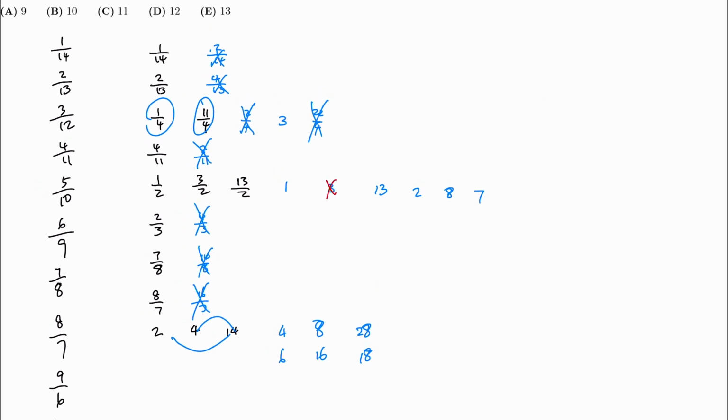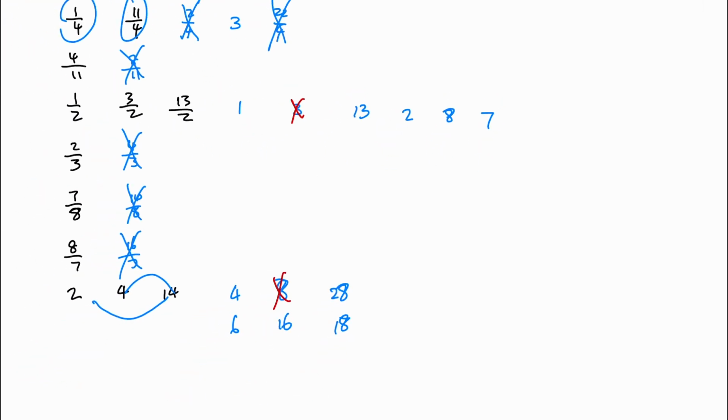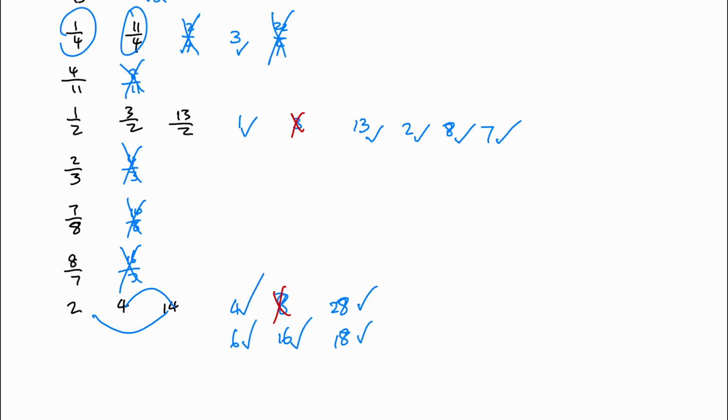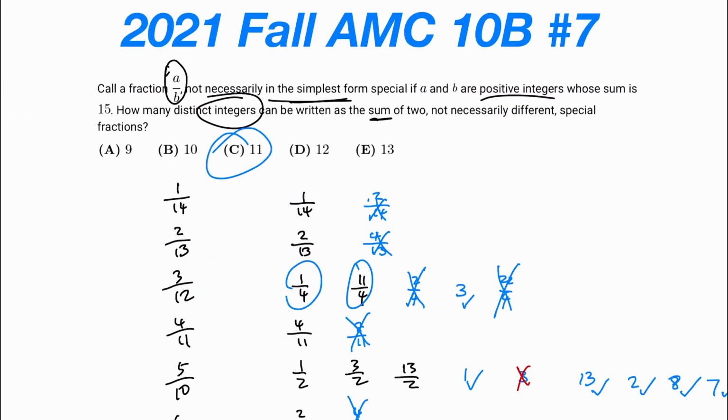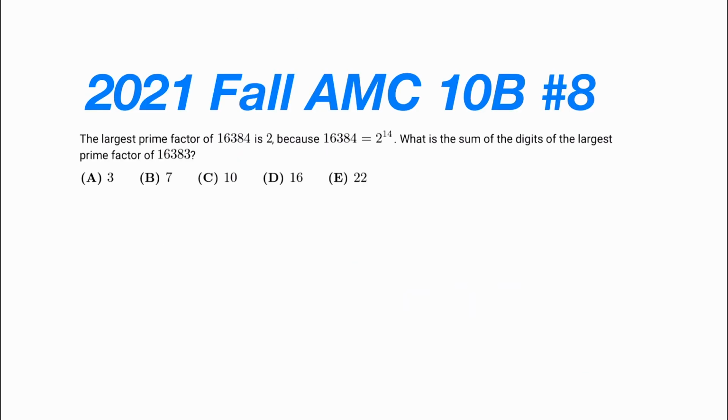So 3, that repeated. And I see 8, that repeats. Scan through them once and make sure that nothing repeats. And we'll count. 1, 2, 3, 4, 5, 6, 7, 8, 9, 10, 11, which gives us answer choice C.